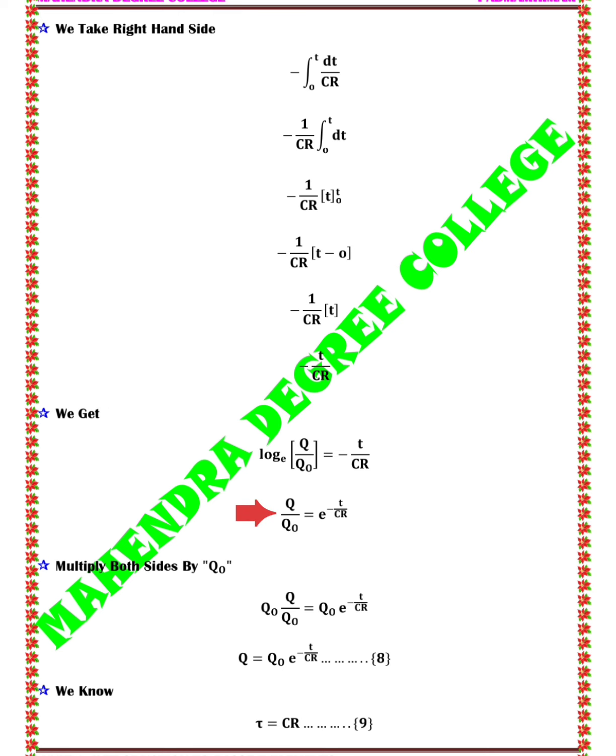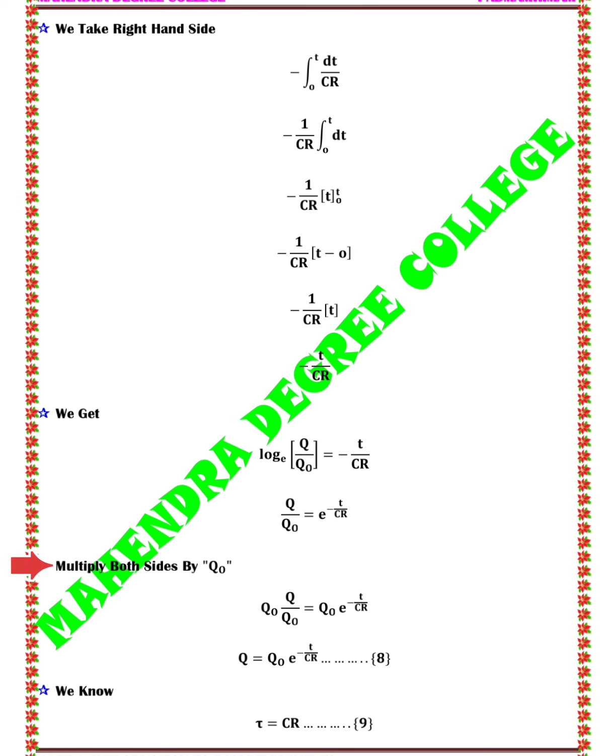Exponentiate both sides simply to eliminate the natural logarithm. So, we get Q by Q naught equals e power minus t by CR.